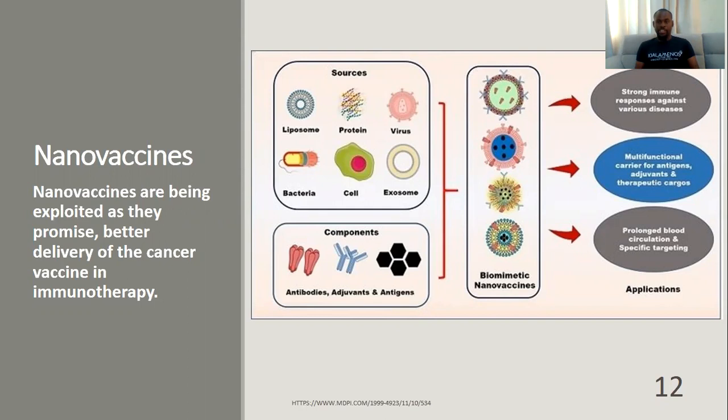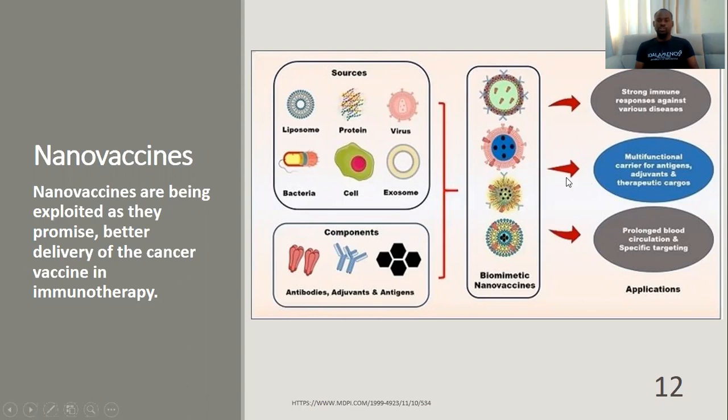the intended site. So now, what do these do? They give a prolonged circulation within the blood system, and because we can change this structure and develop it anyhow, we can incorporate multiple antigens and different types of adjuvants and antibodies.